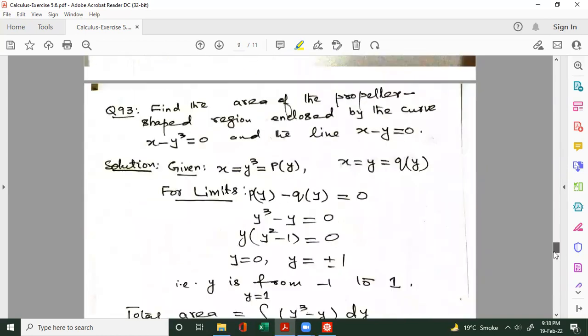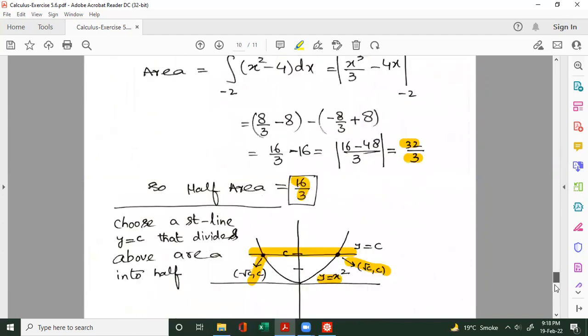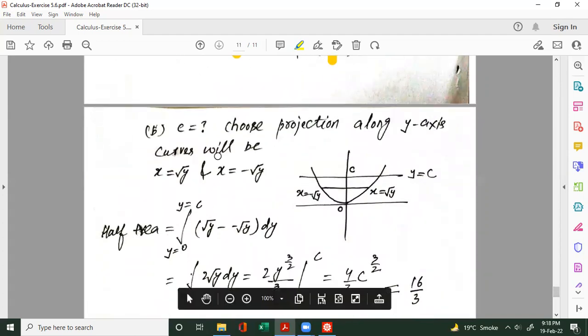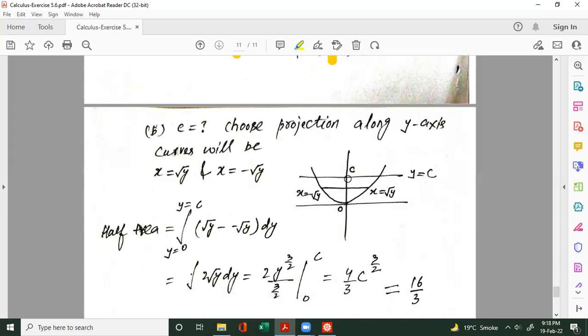So again, I move towards the solution. Here I choose the same graph, but note that in the b part I need to choose the projection along the y-axis. For that, you need to convert the curve y equal to x square into x equal to under root y and x equal to negative under root y.